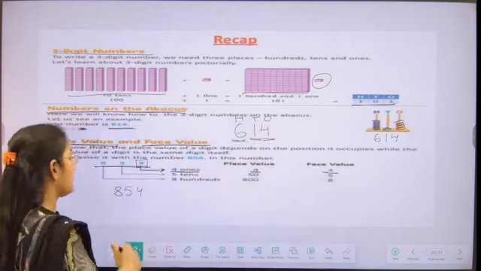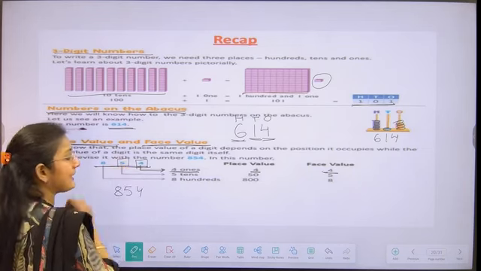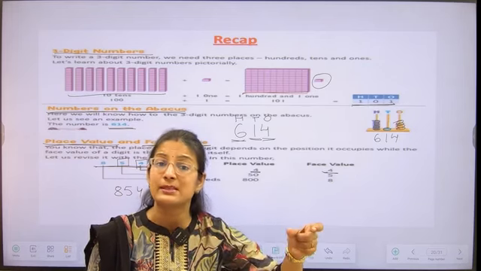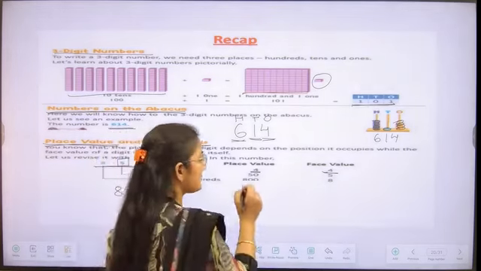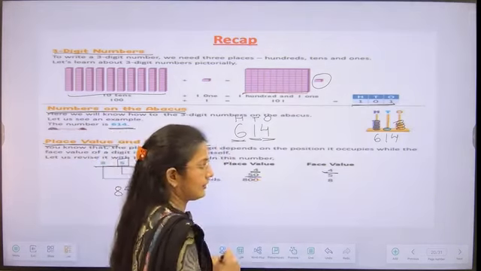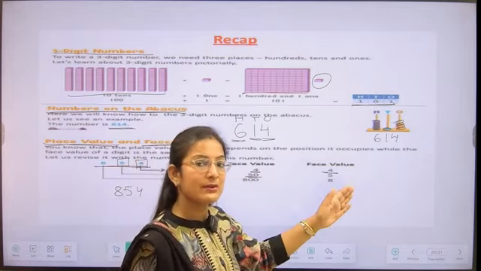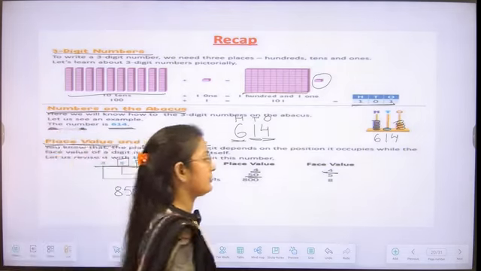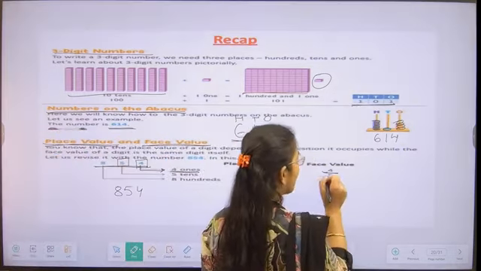Moving to the next one, we have 5 at the tens place, so it occupies the tens place and its place value is 50. Its face value is the digit itself, so the face value is 5.